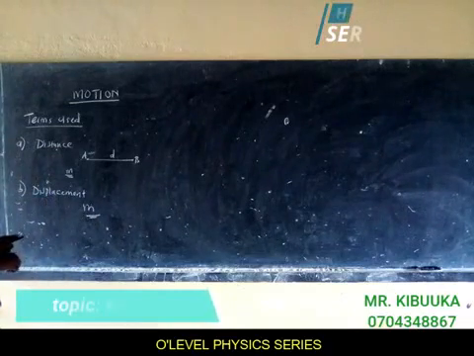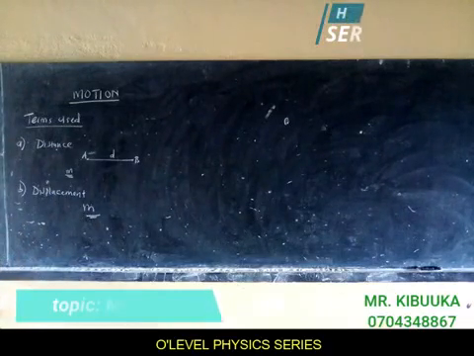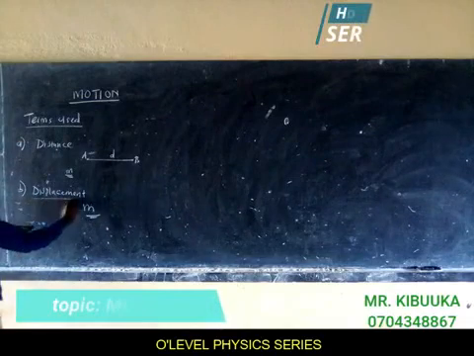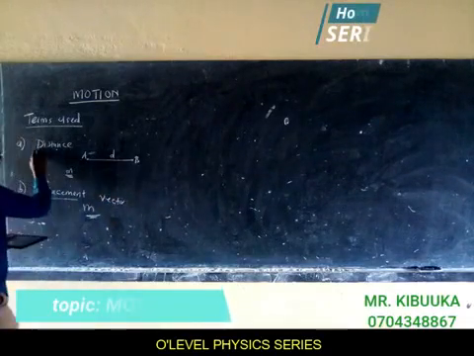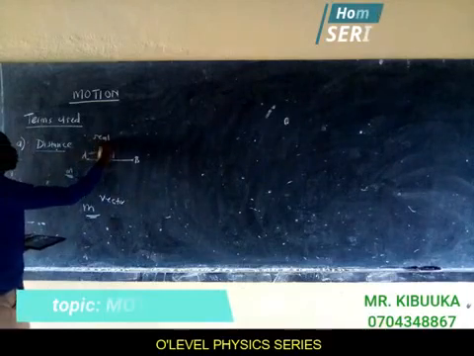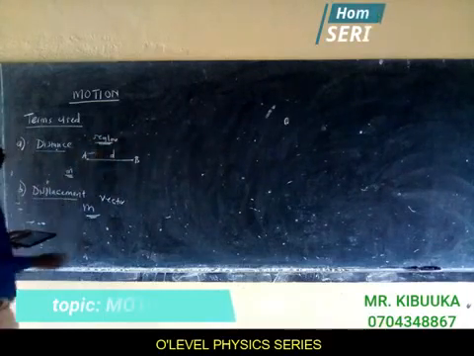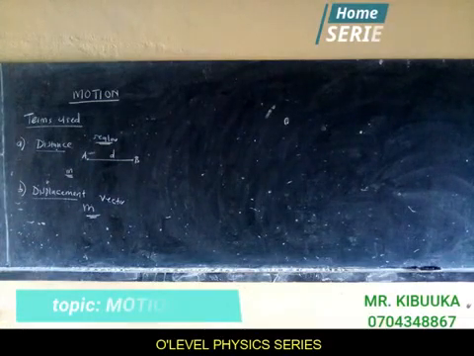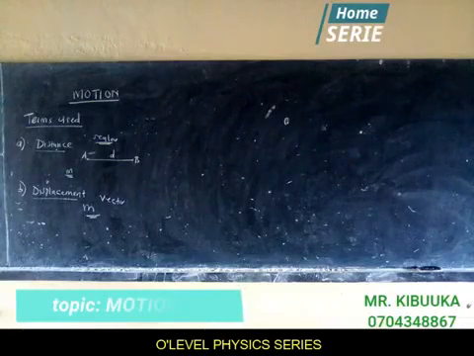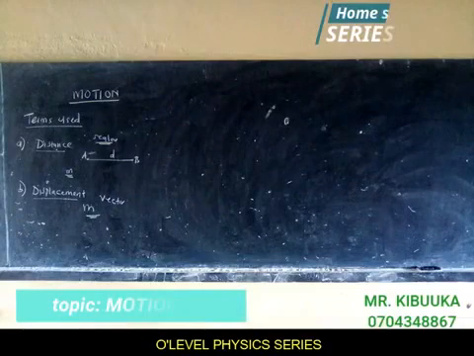The distinction between distance and displacement is that displacement is a vector quantity, whereas distance is a scalar quantity. Scalar quantities are quantities with only magnitude but no direction, whereas vectors are quantities having both magnitude and direction. Therefore, displacement is the distance covered in a specific direction.